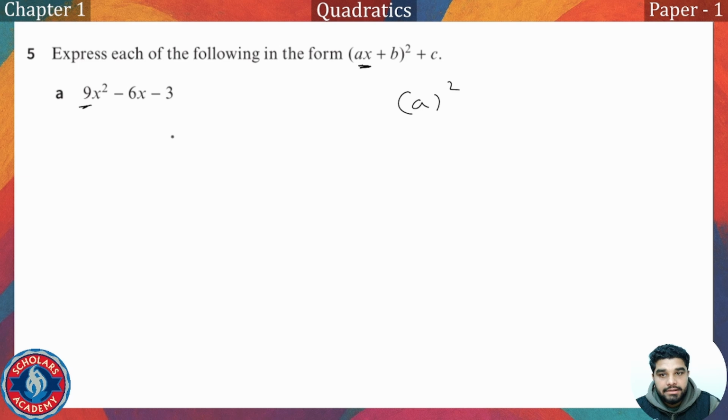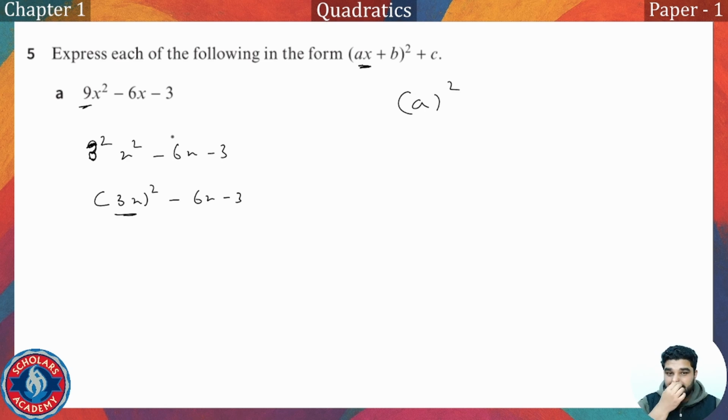What do I mean by that? 9 can be written as 3 square, so x square minus 6x minus 3. I can just take the square common. So (3x) whole square minus 6x minus 3. So this is a.